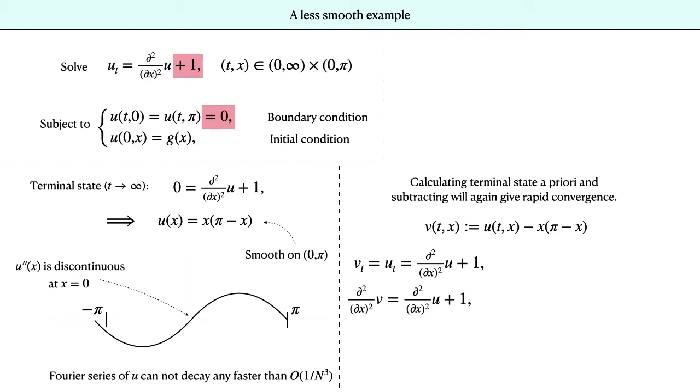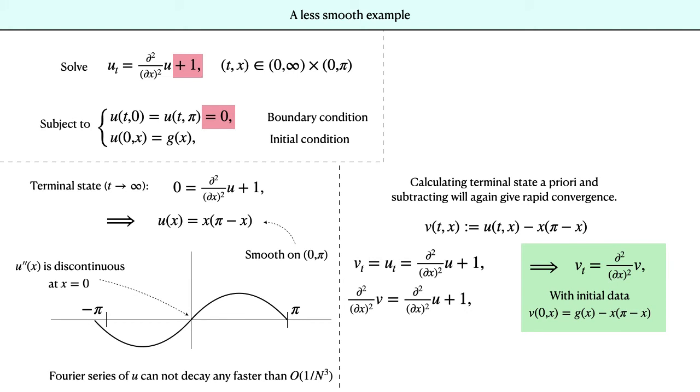It's the same as u, but with a +1, which is precisely because we've subtracted the terminal state. So now the equation we get for v is the heat equation with initial data.